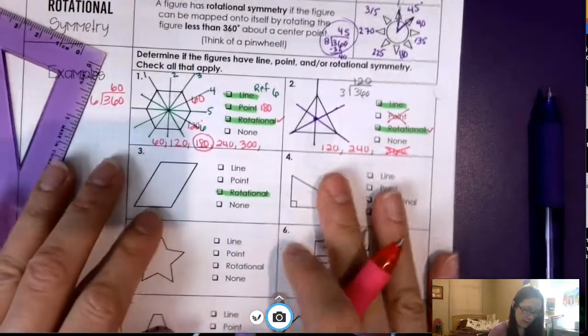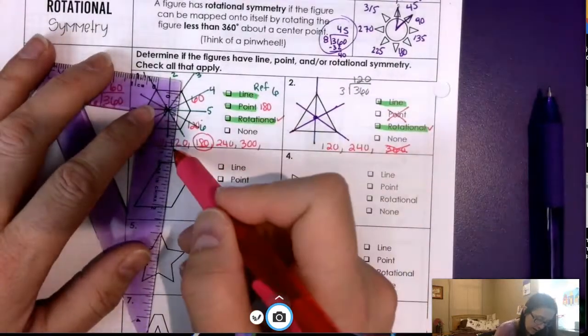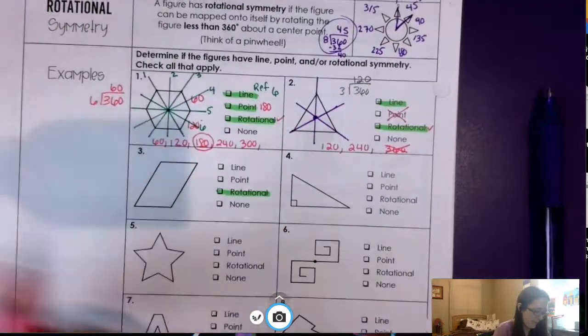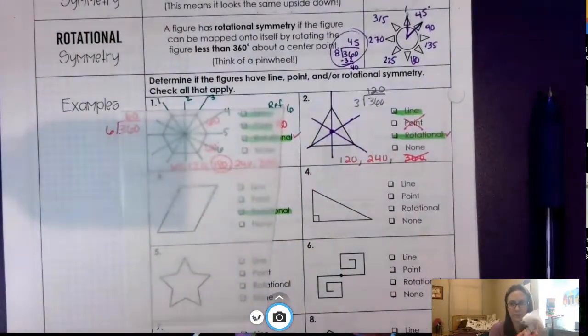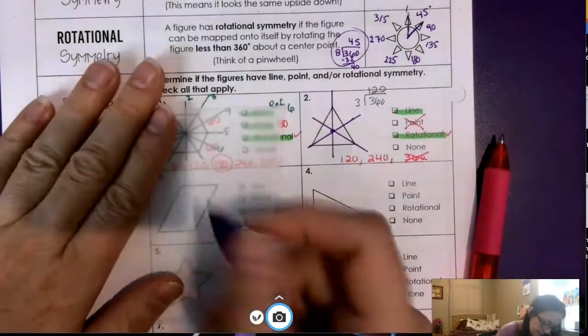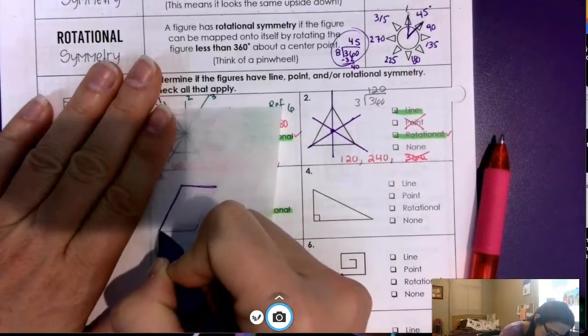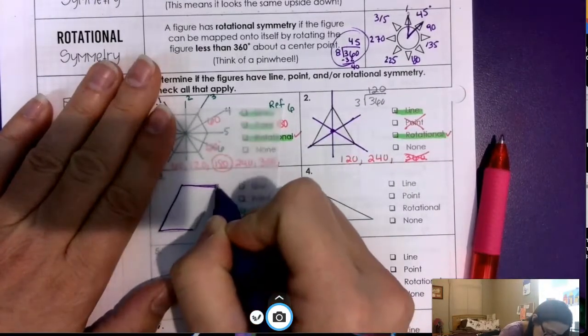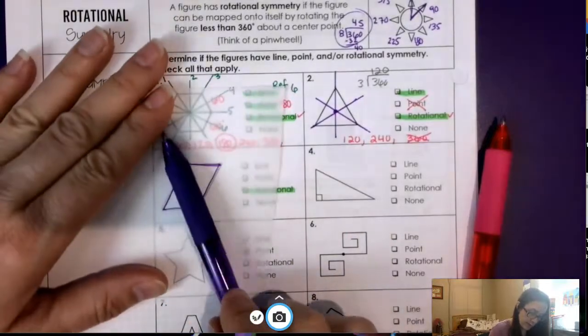Okay, so here, it does not have line symmetry. You cannot draw a line. Notice that if you drew a line here, and again, if you want to use your patty paper, I made a ton of these earlier to play with. Let's say, where do we think? Do we think it would have line symmetry this way?